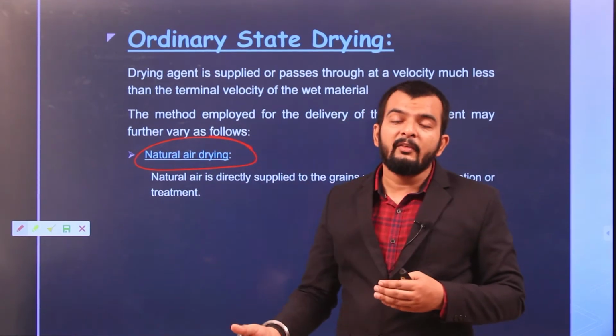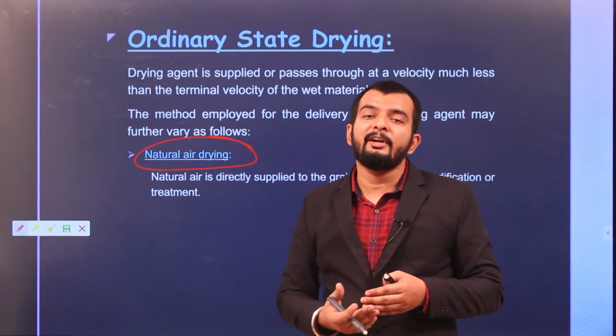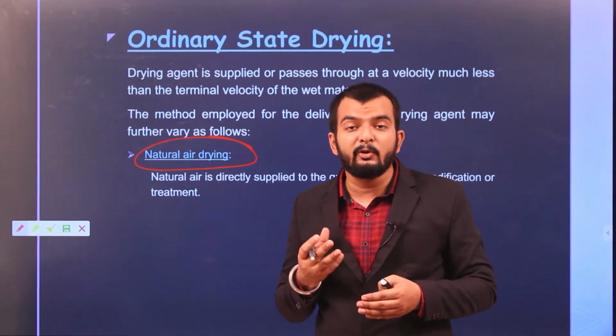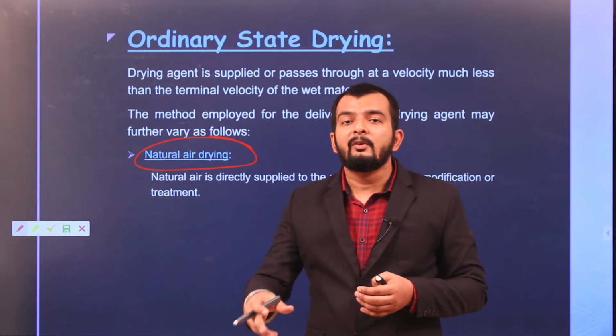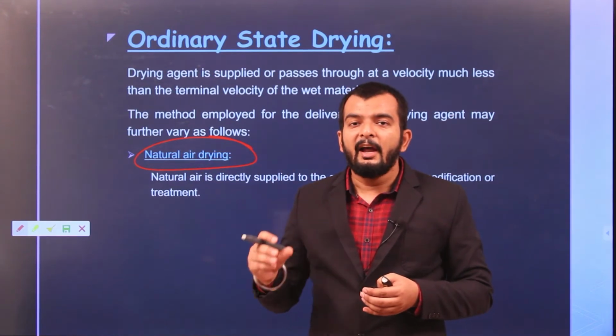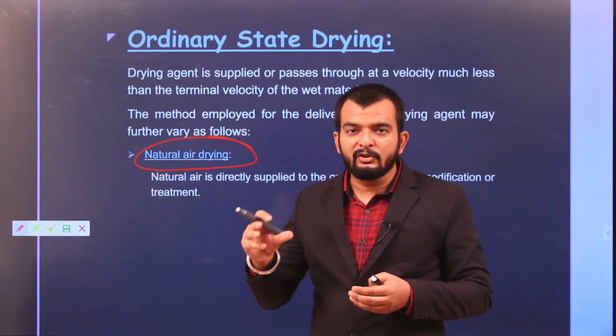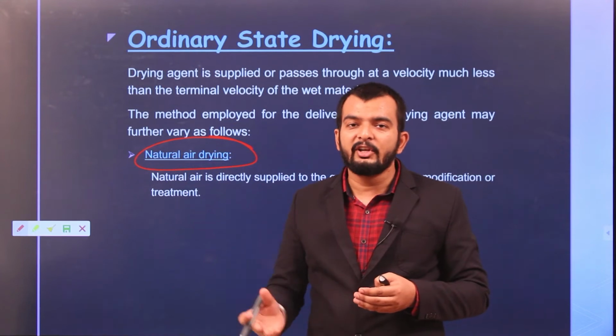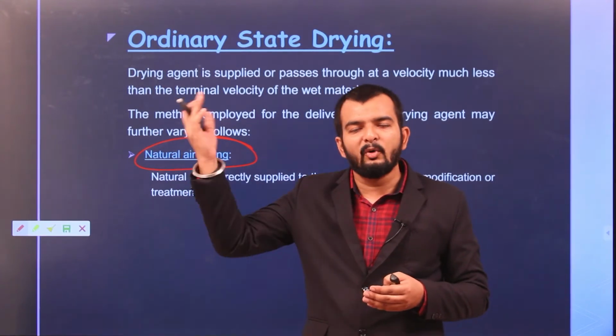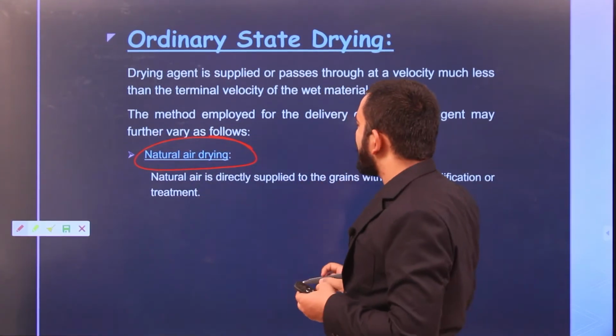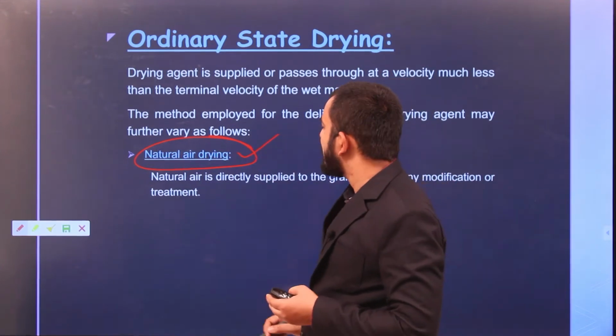When the air passes, if it has the ability to absorb moisture from the grains, it will lead to drying of the grains. And this natural air, after absorbing moisture, is laden with moisture and is removed from the top of the drum.